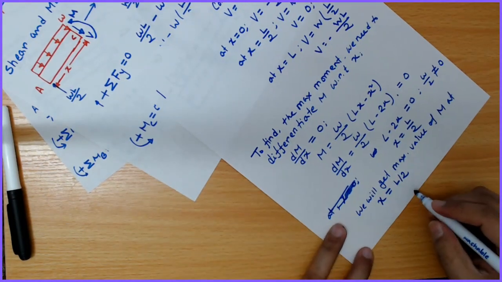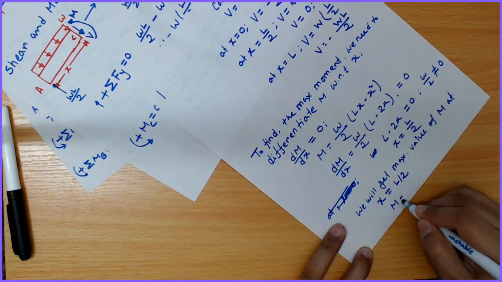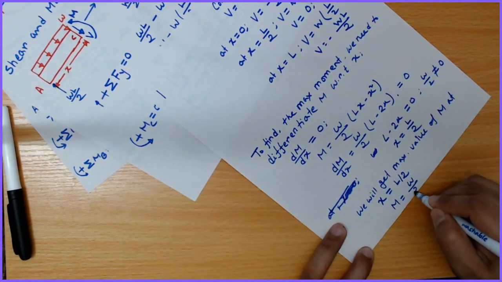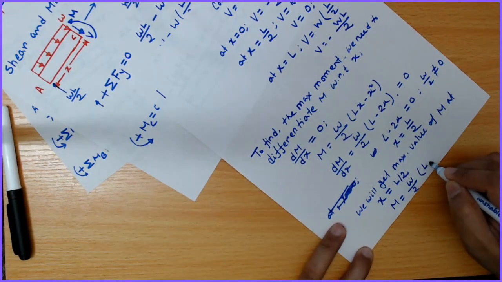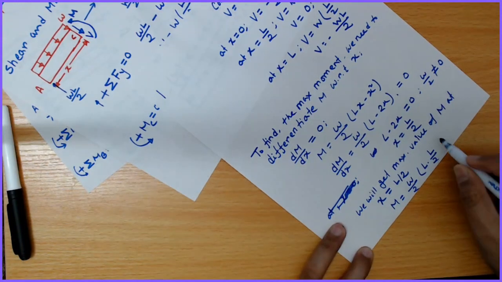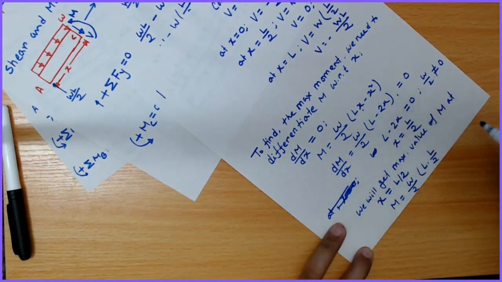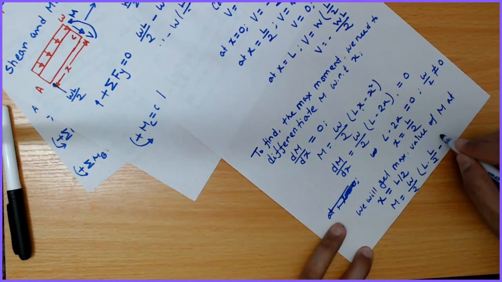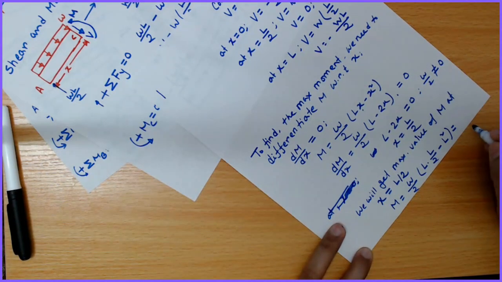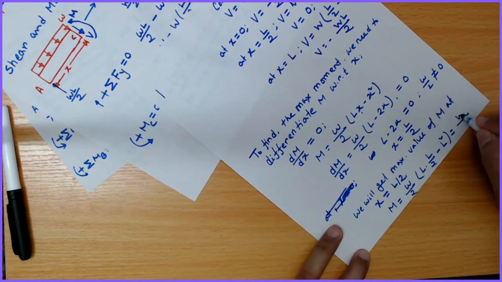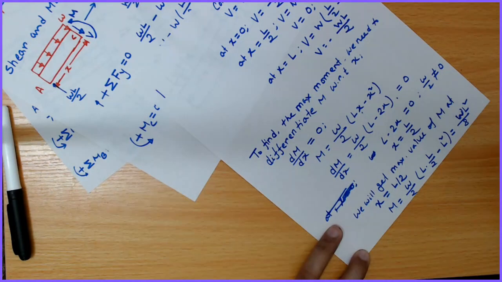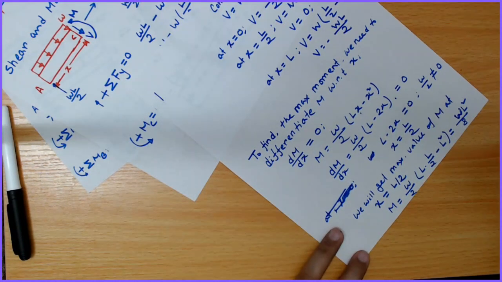So what is that value? So M is w by 2 times L by 2, if I plug the value of x here, minus L square, that gives us wL square by 8.